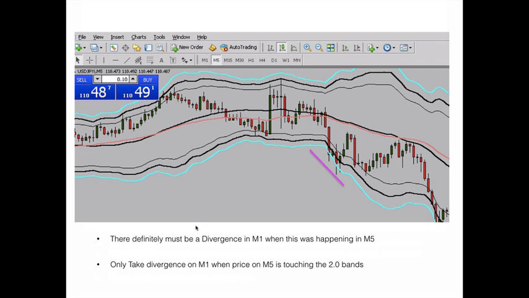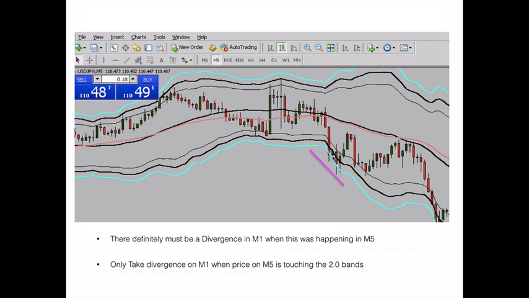Now as you can see, there definitely must be a divergence on the M1 chart when this is happening on the 5 minute. The candle came down, went back above, came down, but this is M5. While this is happening, the M1 chart must be really nice, because there must be a divergence.